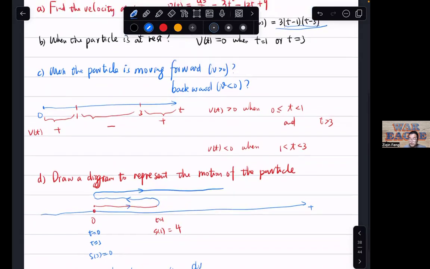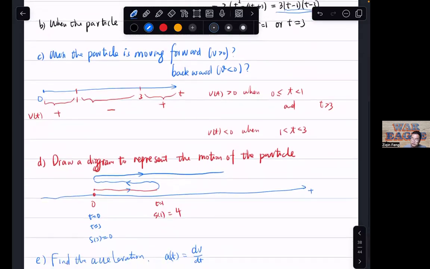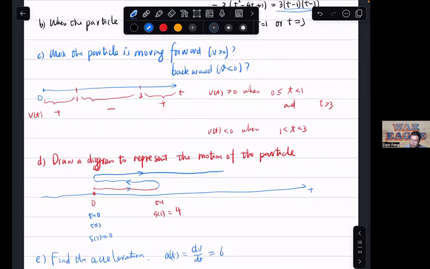We know the velocity is given by this function here. If you differentiate that function, you get 6t minus 12, which is 6 times t minus 2. Okay, you can calculate the acceleration at any time.